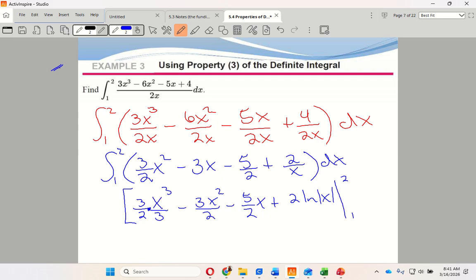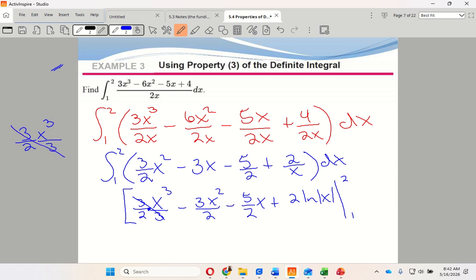So for the x cubed over 3, do you always have to separate it? No, I'm just showing you that because we're doing a couple things and this is going to cancel that, right? But how would you do it if you didn't separate it? Are you saying 3 over 2x cubed over 3 like that?